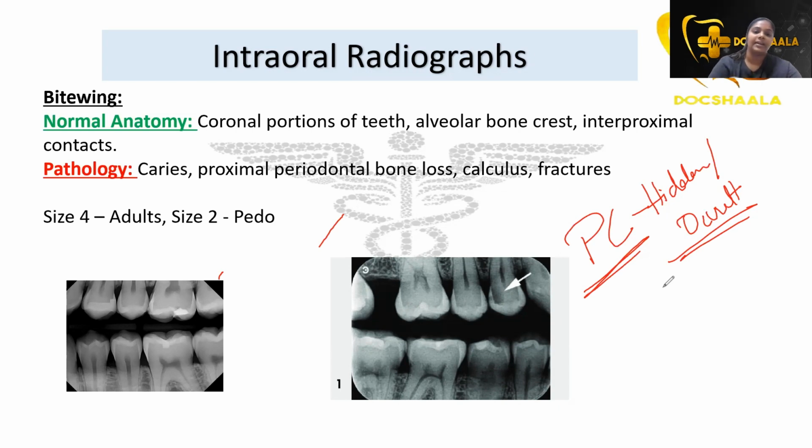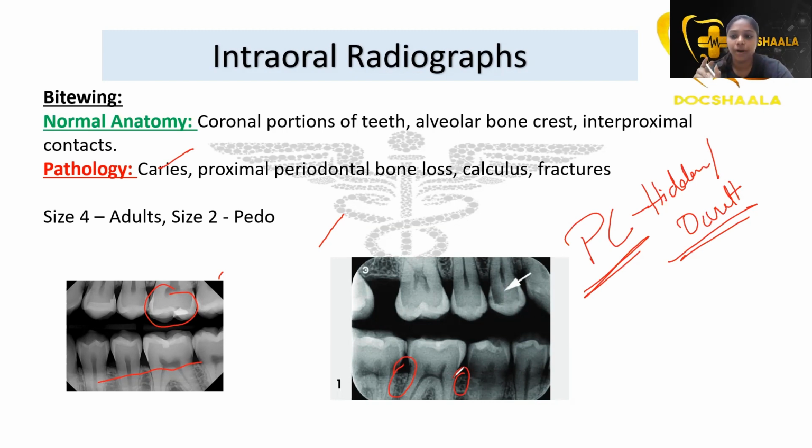In the normal anatomy, we can see the coronal portions of the teeth, alveolar crest bone, and coronal portions of both maxillary and mandibular teeth. Interproximal contacts can be seen. We can view caries and proximal periodontal bone loss, and also calculus and fractures.